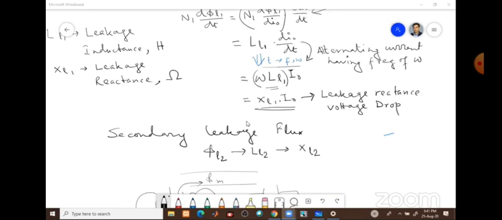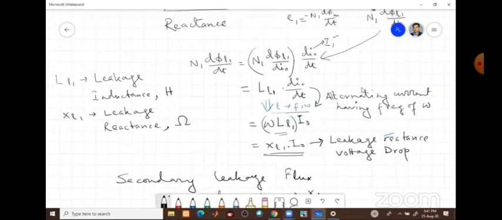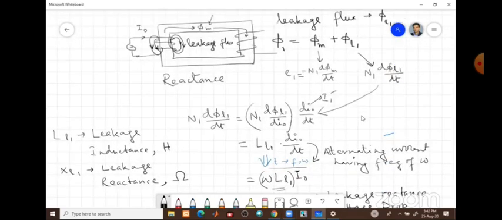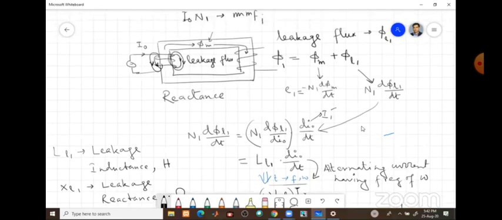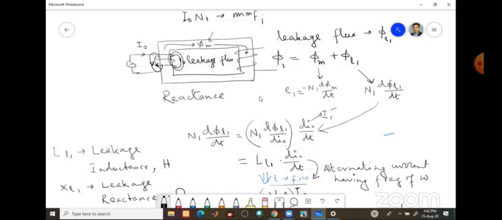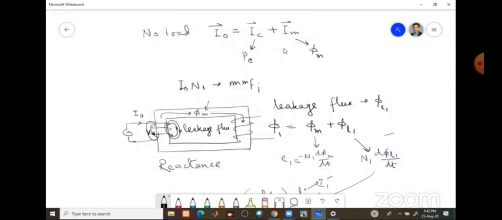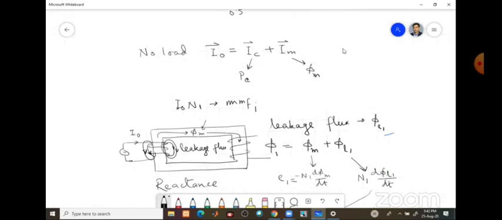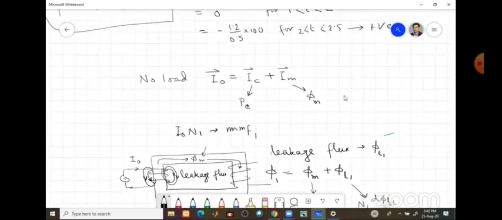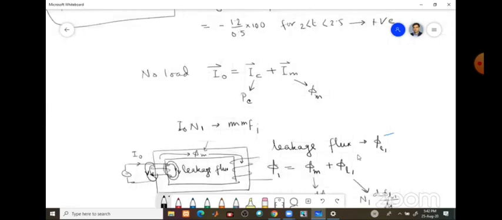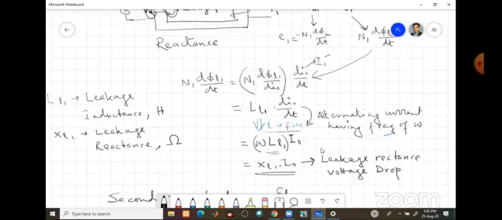We coined a few terms like leakage inductance and leakage reactance, and how leakage flux affects the transformer voltage drops. Transformer overall voltage drop, how does it affect? That we discussed in the last class. So let us start today's class.